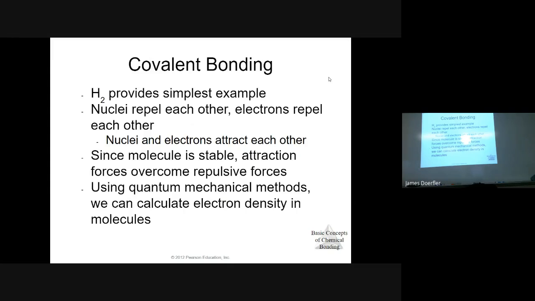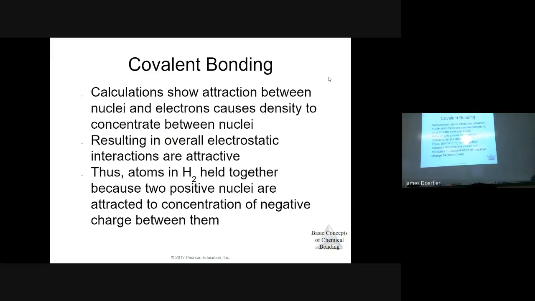So if we go back to chapter 6 and talk about quantum mechanical methods, we can calculate the electron density within the molecules themselves. And when we do so, we don't have to do it ourselves. The calculations show that the attraction between nuclei and electrons causes the density to concentrate between the nuclei. You have one atom here, one atom here.